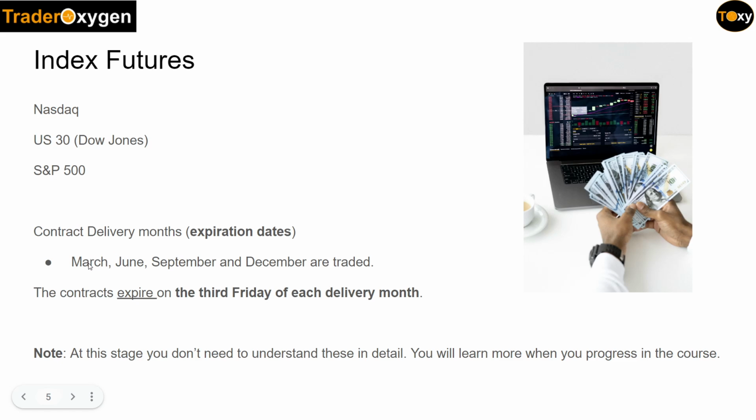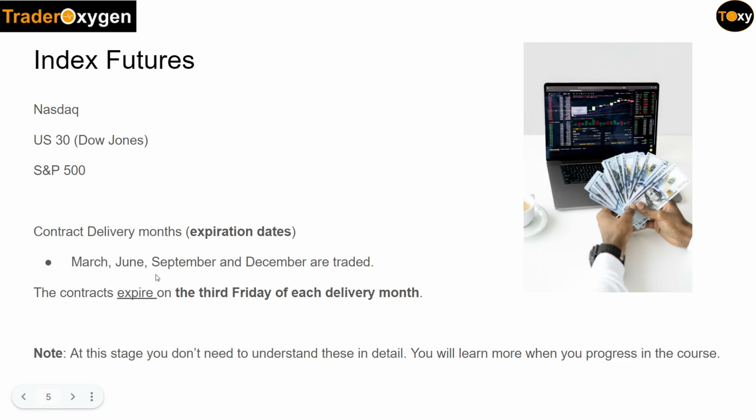What I mean by that is, let's say the March contracts expire on the third Friday of March, then you can start trading the June contracts in, let's say, April, throughout April, May, and June until the third Friday of June. Then you stop trading that, and you trade the September contracts starting from, let's say, July, August, and September.